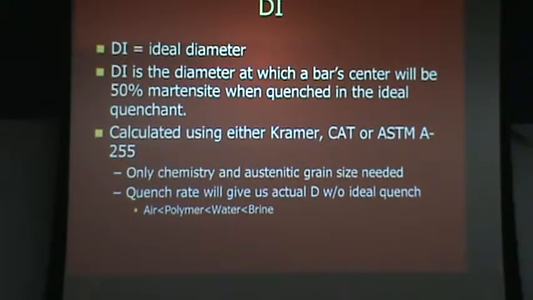There are a few different ways that the calculation can be done. You'll find them detailed. The most common one is found in ASTM specification 8255. You might remember that I mentioned a fellow named M.A. Grossman, and I put a whole bunch of pictures in from his book in my lecture last time. We had all those different microstructures.